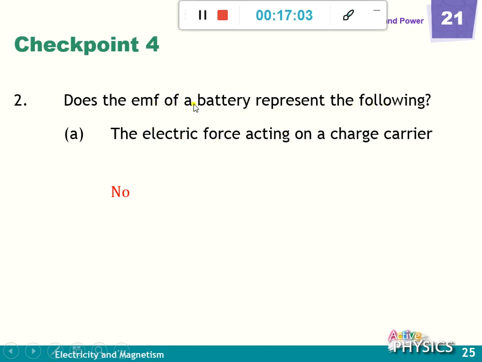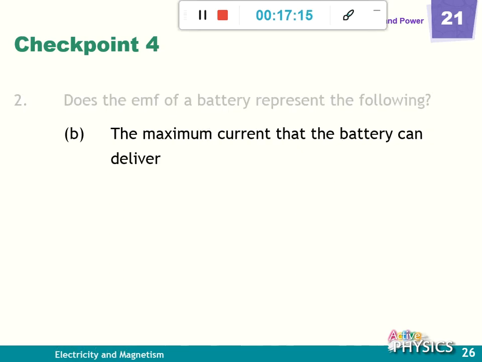It is asking whether EMF represents the force below. That is wrong. EMF only represents energy per unit charge, and has nothing to do with force, so A is wrong. Part B. The maximum current that the battery can deliver. No. Because in daily life, of short circuit. In a short circuit, even if the battery has a very low voltage, maybe 1.5 volts, it can deliver a very large current.